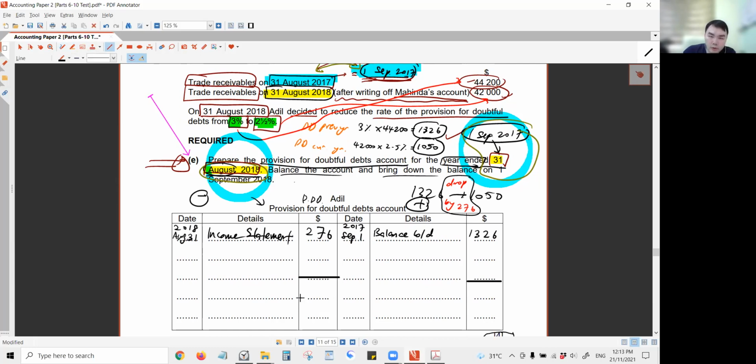You should now be doing correction. You should have attempted the question. 1326, 1326. So you notice, once you have done the balancing process, you get the amount 1050, which is the doubtful debt at the year end.